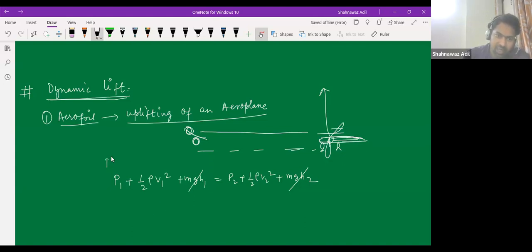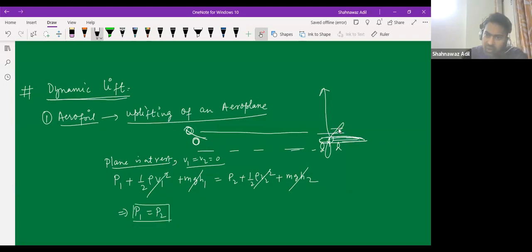And the plane is at rest, which means V1 equals V2, that is also 0. So this part also cancels. We have pressures that are equal, so the pressure applied on these wings is equal.